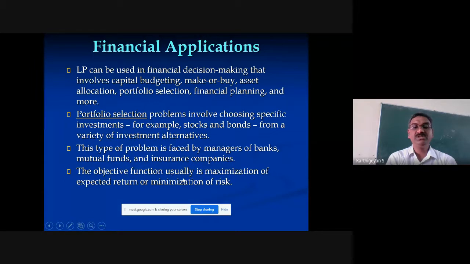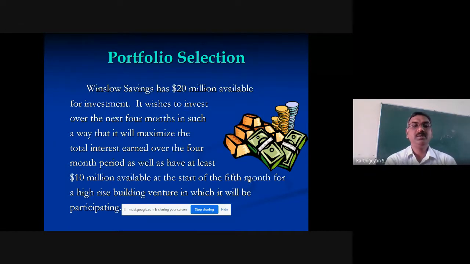The objective function is usually maximization of the expected returns or minimization of the risk. Whenever you go for an investment, you expect a maximum return and the risk should be minimized. The problem here is that Winslow Savings has $20 million available for investment.